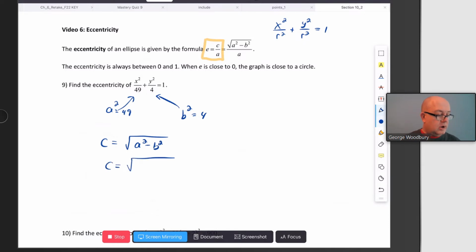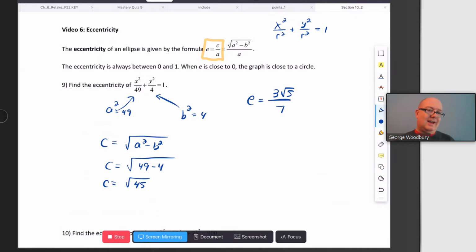That's the square root of 49 minus 4, or the square root of 45. Now, if we're trying to do this exactly, we should simplify that before we divide it by a. e would be 45 is 9 times 5, so we can get a 3 out of there. 3 radical 5 over a, which is 7.